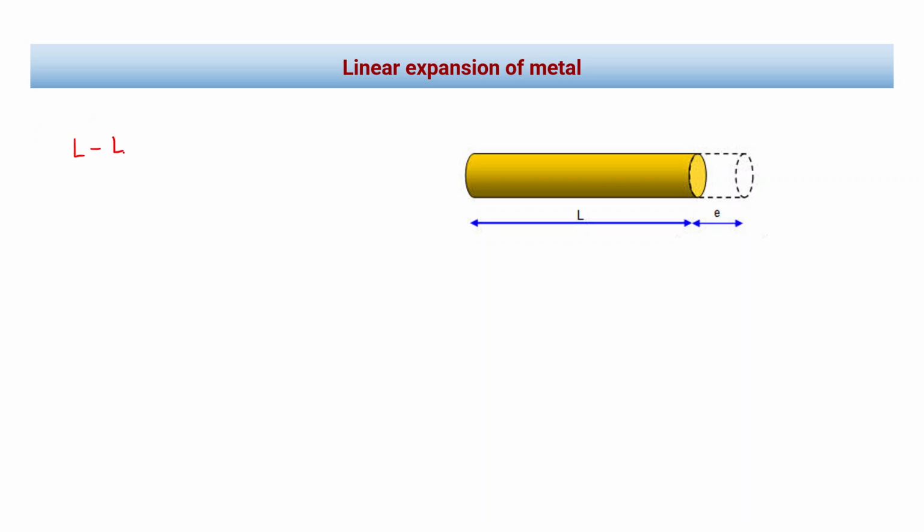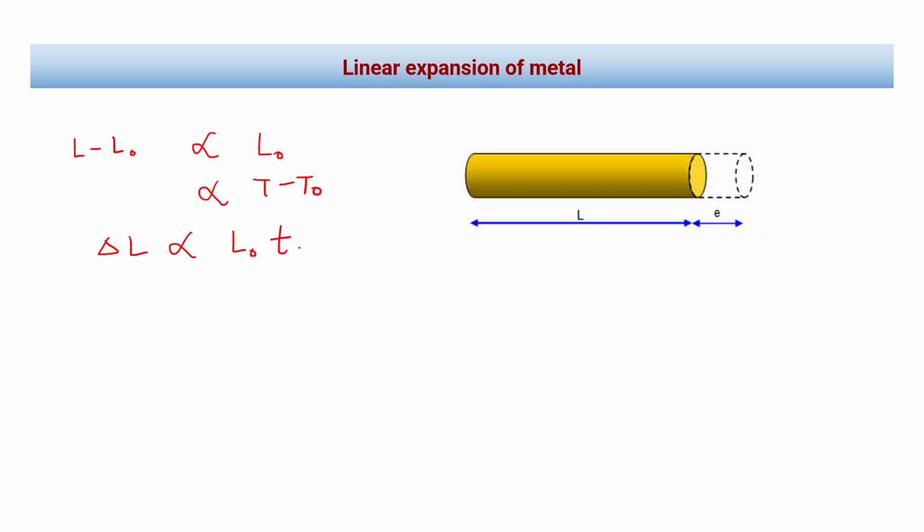This change in the length of the metal rod is proportional to its original length, and it is also proportional to the temperature difference. Combining these two, the change in length is proportional to the original length and the change in temperature.